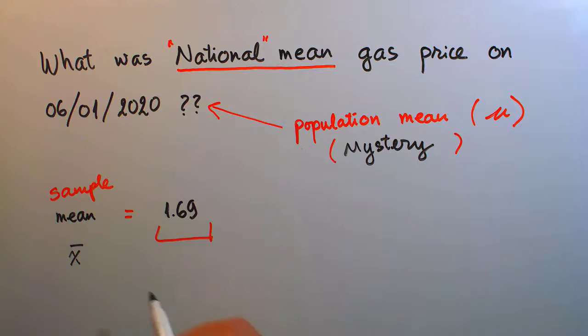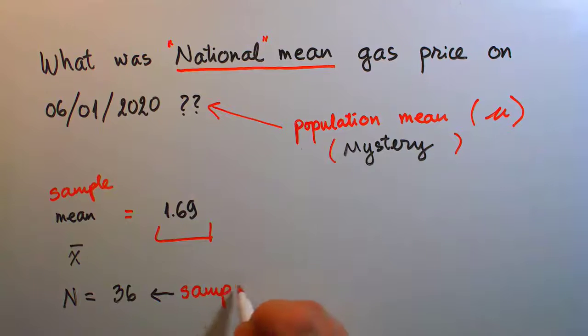And then the letter n that we use in our sample is used to describe n equals 36, which in the concept of a sample is regarded as the sample size.